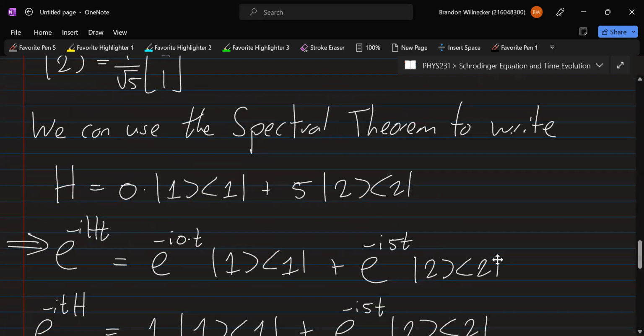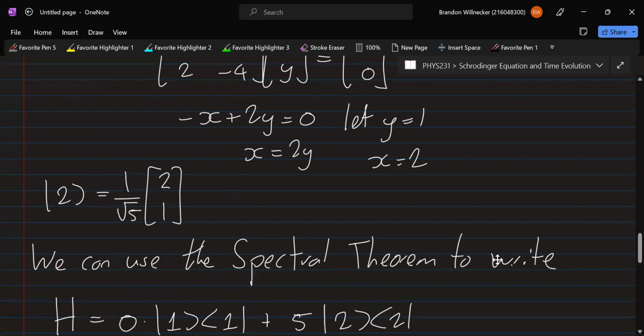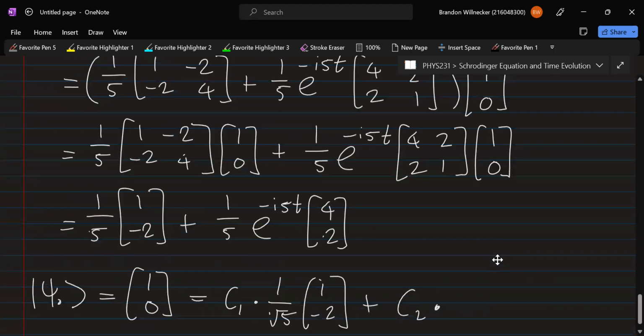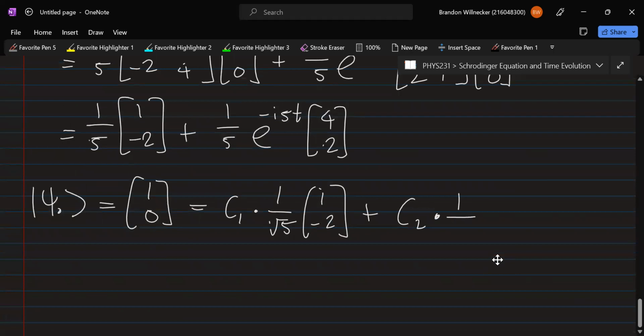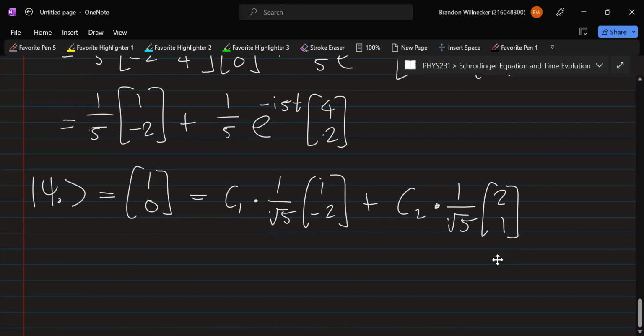We go back here, that will be 2, 1, and then the 1 over root 5, so 1 over root 5 times 2, 1. This gives us a system of equations that we can then solve for c1 and c2.